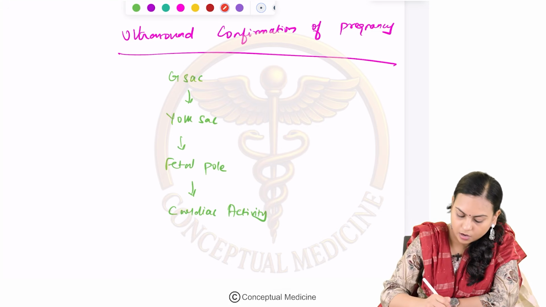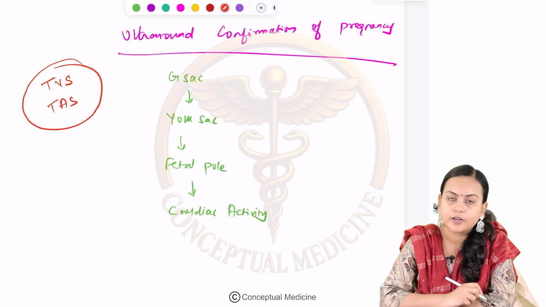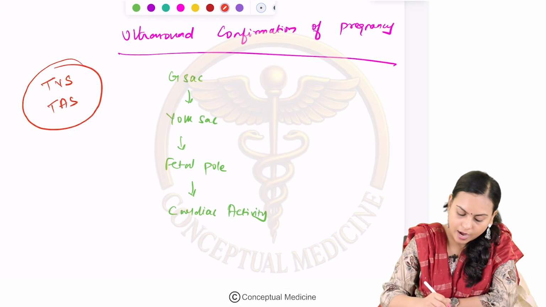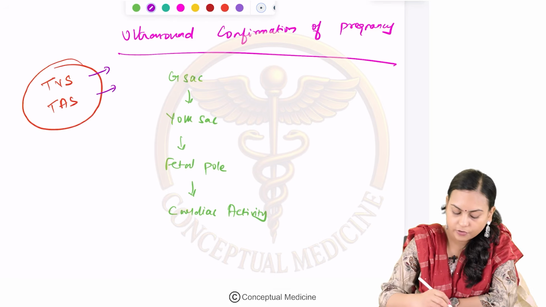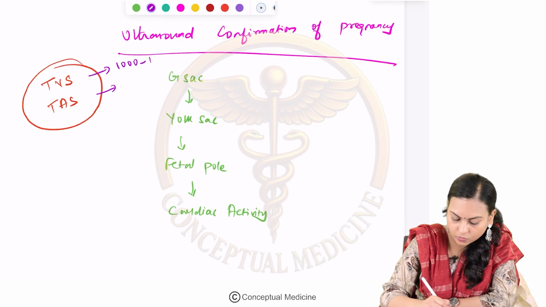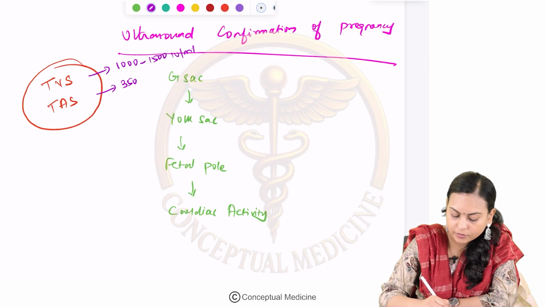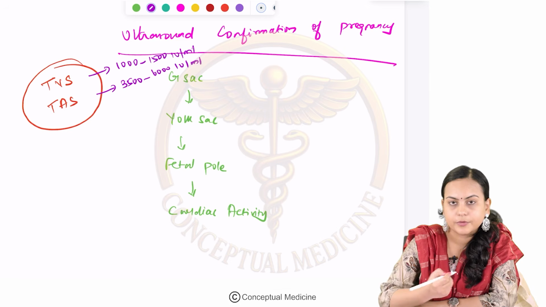Now, we can use both transvaginal ultrasonogram and transabdominal ultrasonogram to confirm pregnancy. And the approximate range of beta HCG values for the diagnosis through these ultrasonograms, for TVS this should be around 1000 to 1500 international units per milliliter, and for TAS this should be between 3500 to 6000 international units per milliliter.